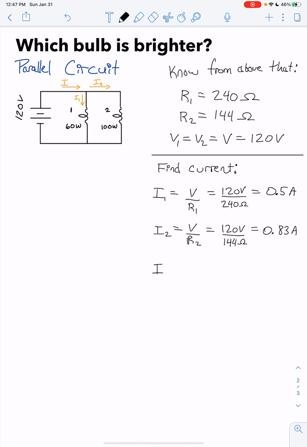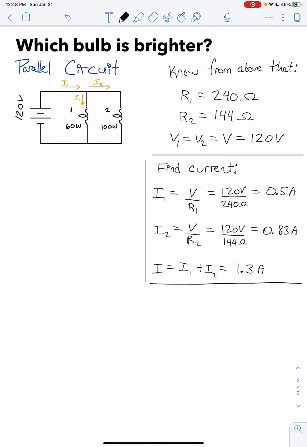So our I is I1 plus I2. We call it I total if we wanted to. And that is 1.3 amps.